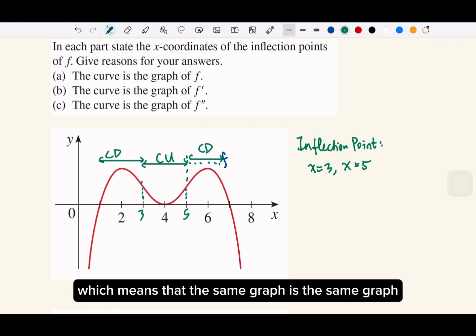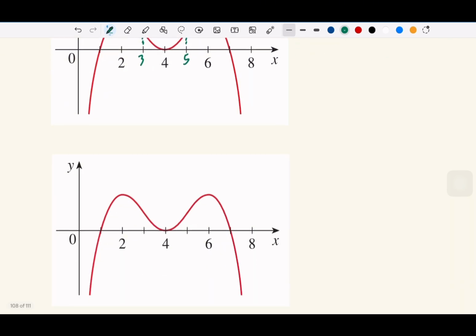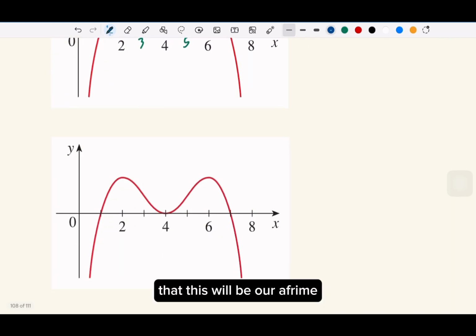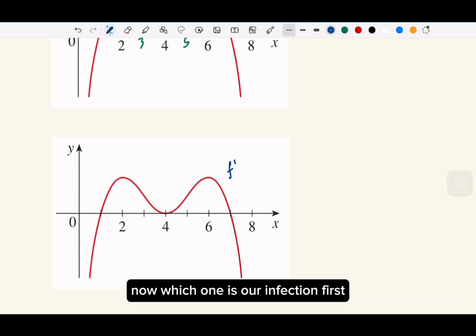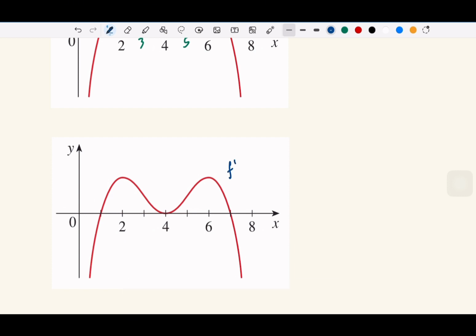Which means that the same graph is the same graph, but we say that this will be our f prime. Now which one is our inflection point? Okay. Any other idea? See, you got good thing there.